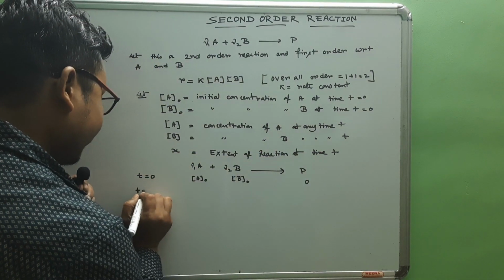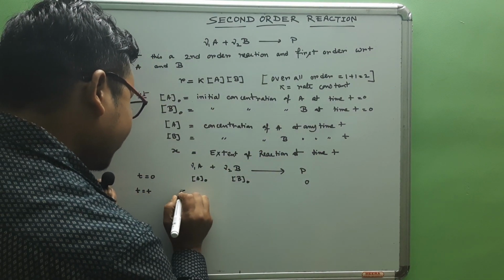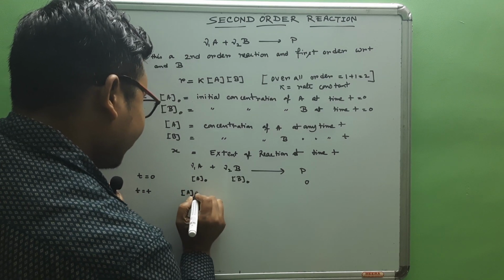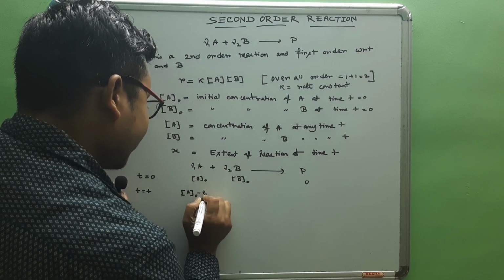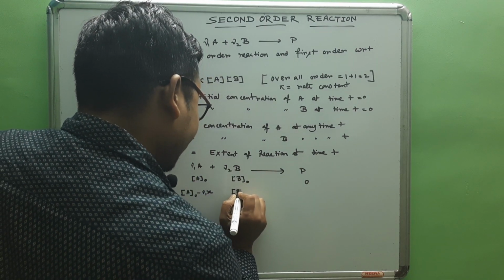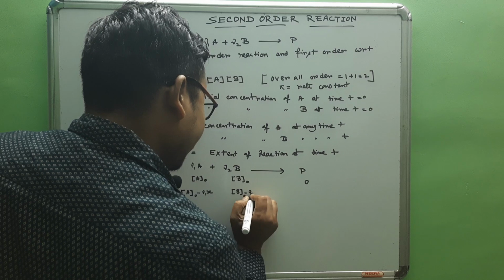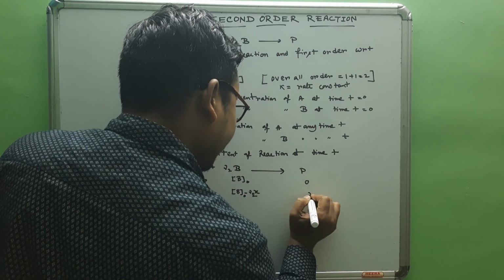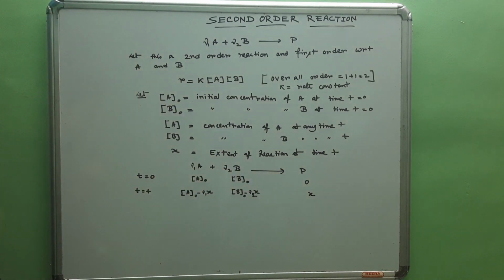At time t, the concentration of A is A0 minus nu1 x, and this should be B0 minus nu2 x, and of P it is x. So this is the scenario.